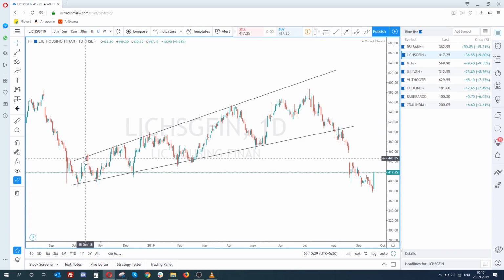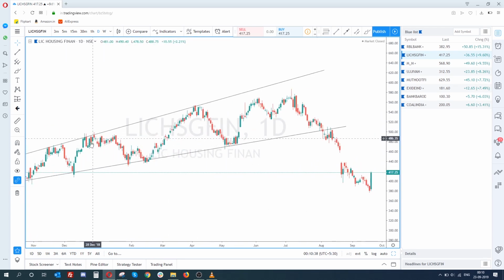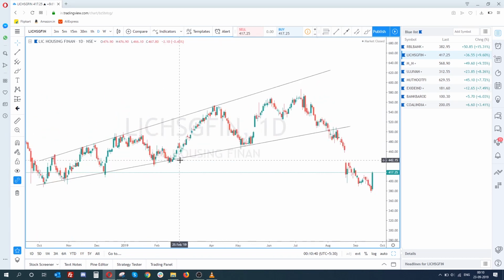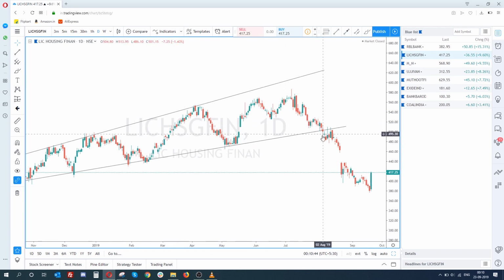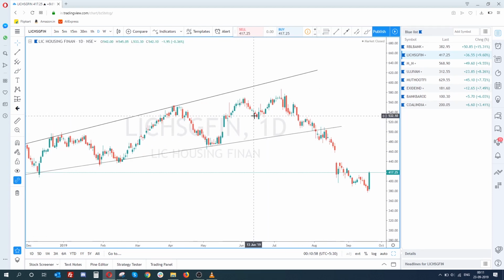There was a buying pressure here, and then again a buying pressure here. Historically, if you look at the past, the stock has always been between this channel. And here there was a breakdown, and this is where we take a trade. This will be discussed in detail in the upcoming videos, on how you take trades based on these patterns. As I said, let's just stick with the price action.